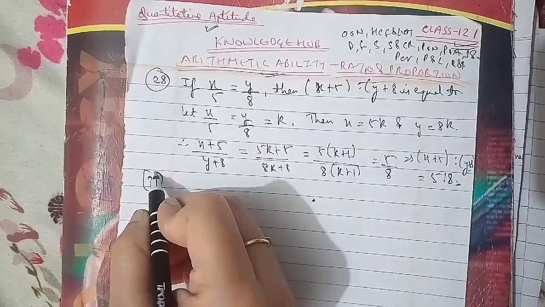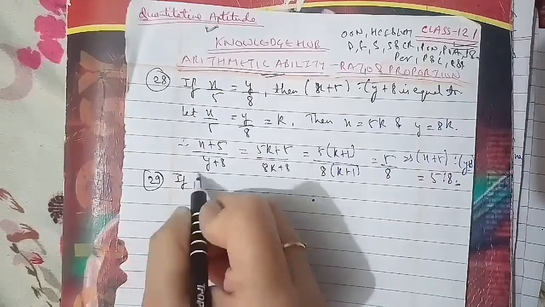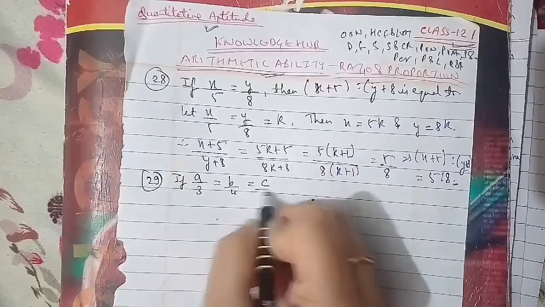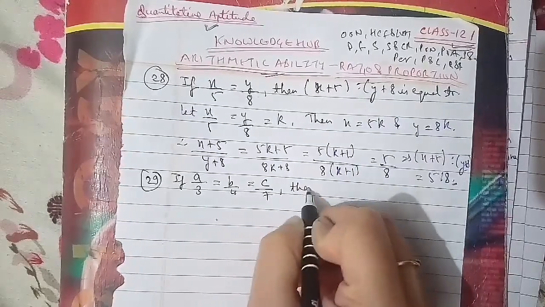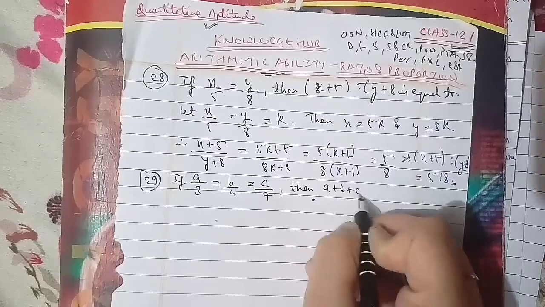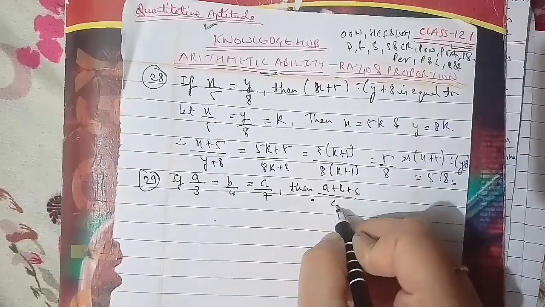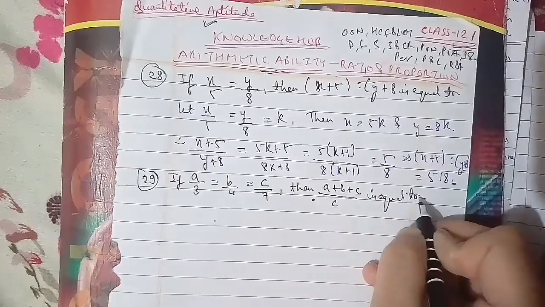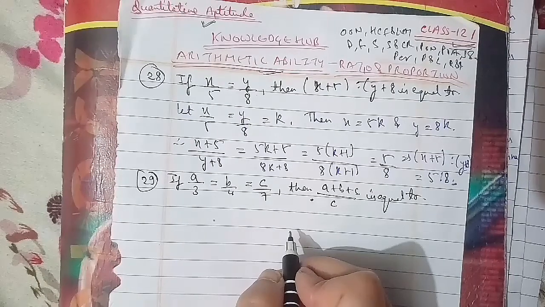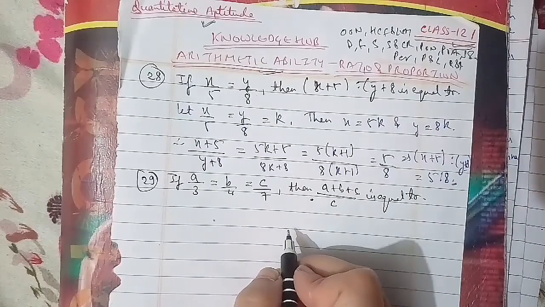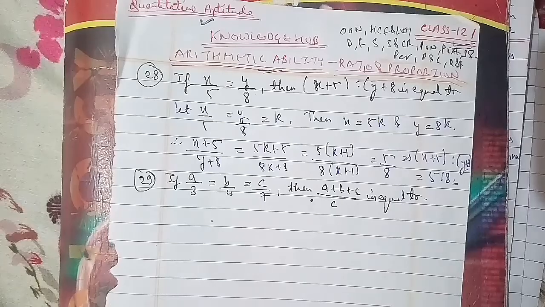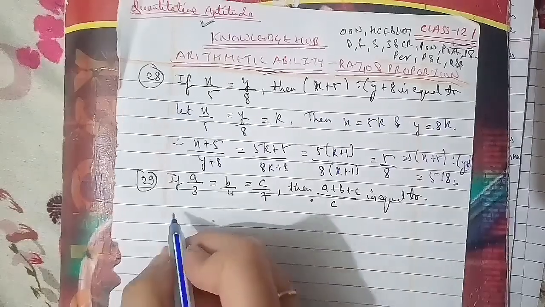The question is, if a upon 3 equals b upon 4, which equals c upon 7, then a plus b plus c whole upon c is equal to, the options are 3, 7, 2, 1 by 2, 1 by 7. We'll find it out here. And as I told you, when you solve these, you have to do it on your own side, so that you will get to know about it.